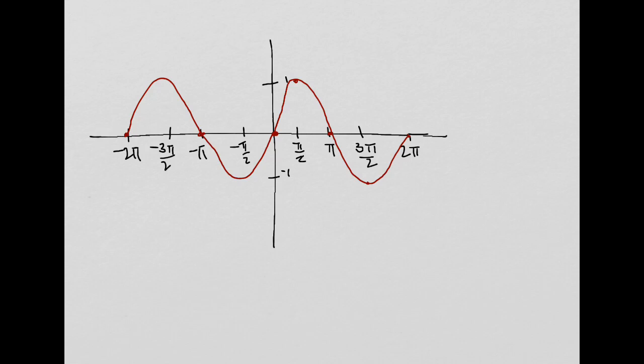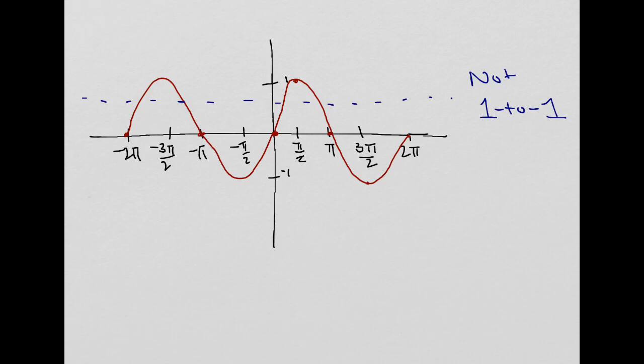So if I try to apply a horizontal line test here, I'm going to get a problem. This is not one-to-one. So I need to restrict this to a section of the graph that is one-to-one.